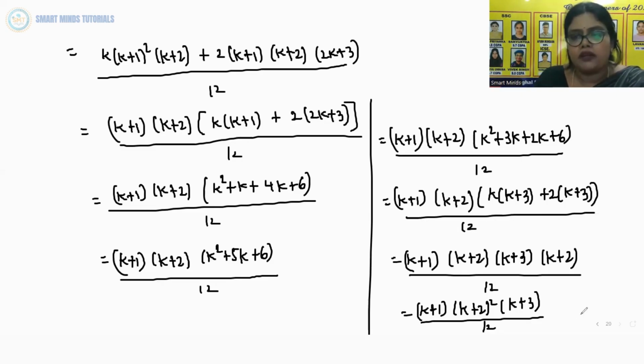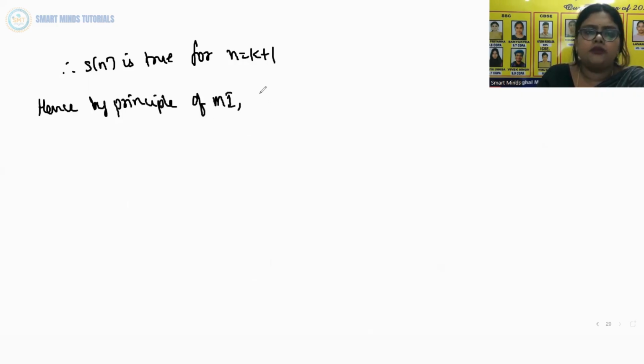So finally we can conclude. Therefore, S of n is true for n is equal to k plus 1. Hence, by the principle of mathematical induction, S of n is true for all n belongs to N.